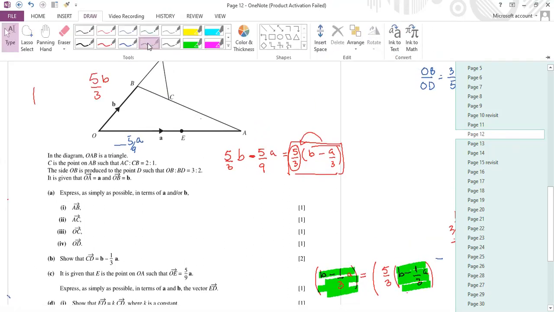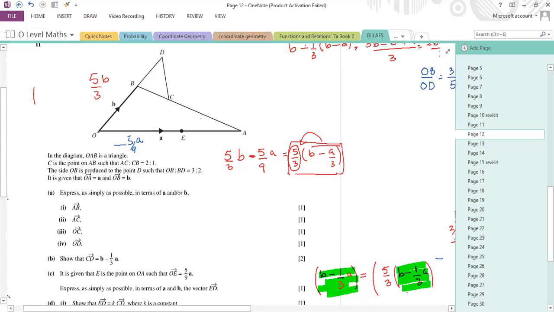Fine. Now, see, O C E. What does it remind you of? Triangles having the same base or height. You can see that this is B1 and this is B2, which we already know is going to be 4 upon 9 of A, that we just calculated in the first step.